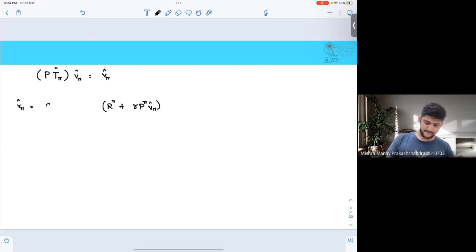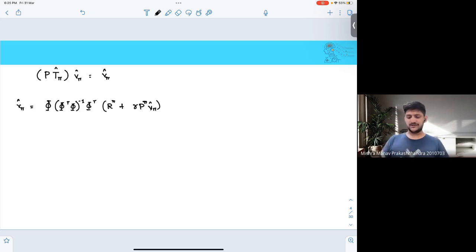So I have this quantity. All I've done is write down the explicit matrix form for the corresponding operators defined above. I just flipped the LHS into RHS, and this is how I wrote it down.